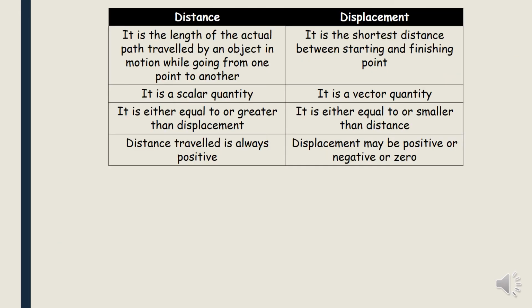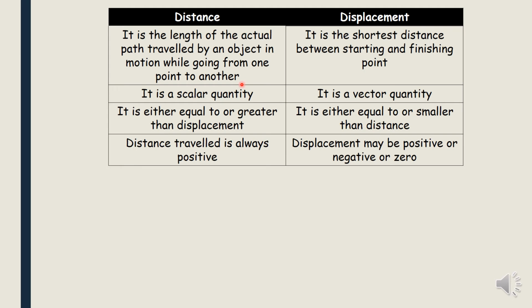So now let us see the difference. We have a difference table. So distance and displacement. The distance is the length of the actual path traveled by an object in motion while going from one point to another.